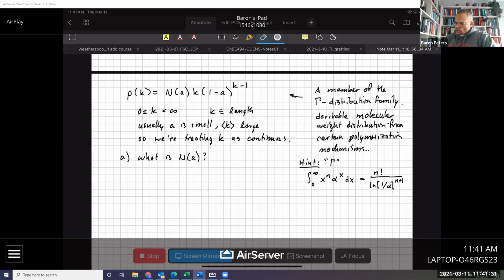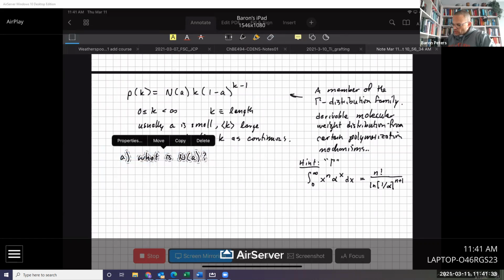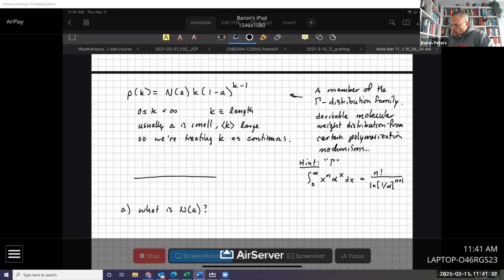I think it's always helpful to get a quick picture of what we're looking at here. This is the distribution along K. These represent polymer molecular weights, and this distribution looks about like this, right? It's got a long exponential tail, or a geometrically decaying tail specifically. So 1 minus alpha is the base, not e.